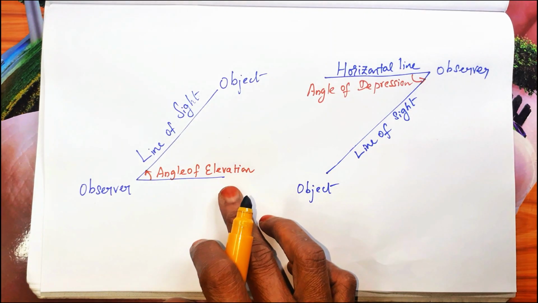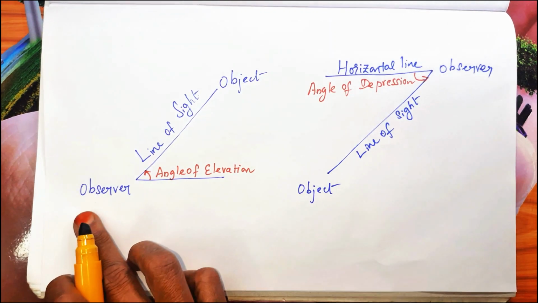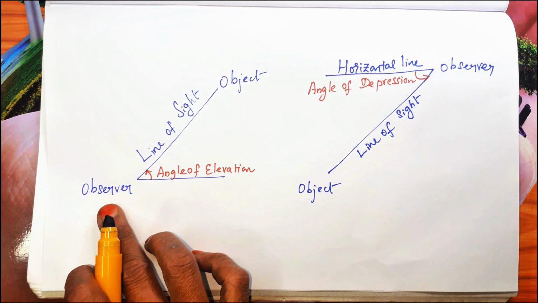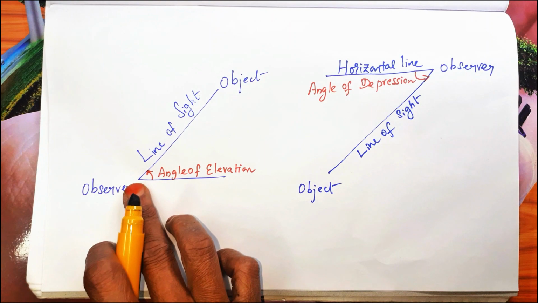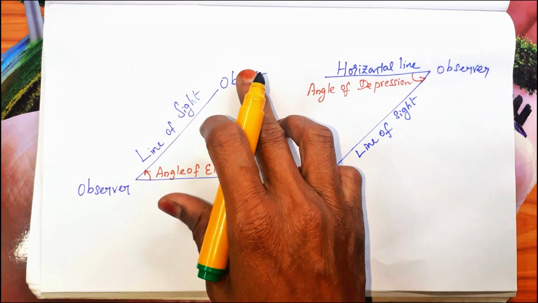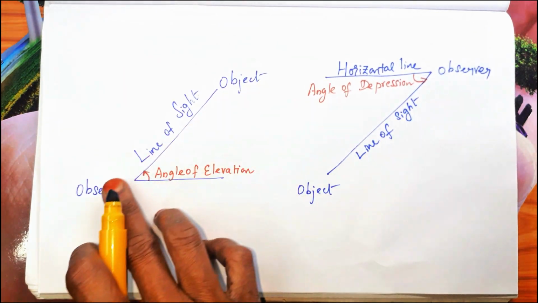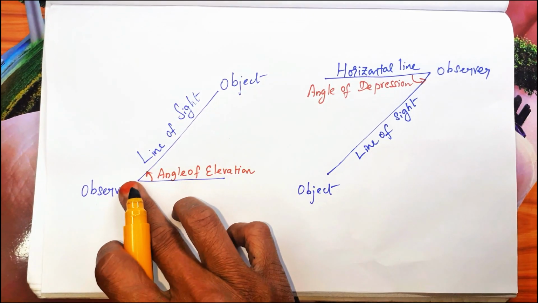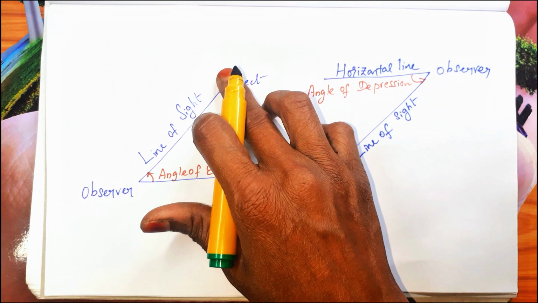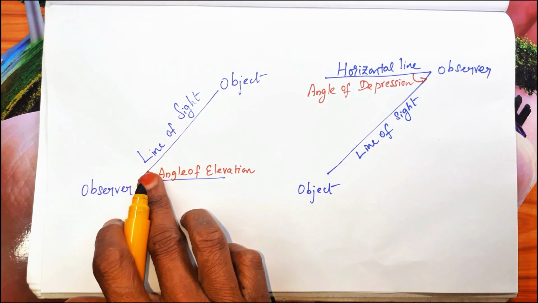Angle of elevation, what it is. If I am the observer, I am standing at the ground level, or at the horizontal level. Here the observer is standing and the object is somewhere up there. He has to look upwards. At the horizontal level, if the line of sight is like this, this is the angle of elevation.